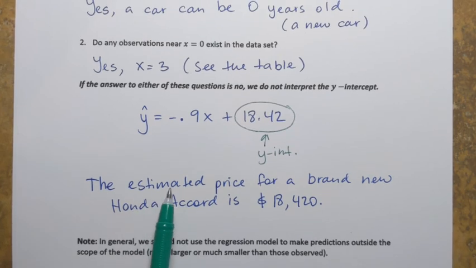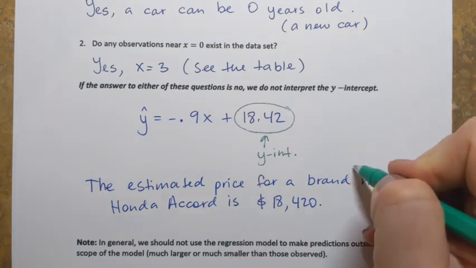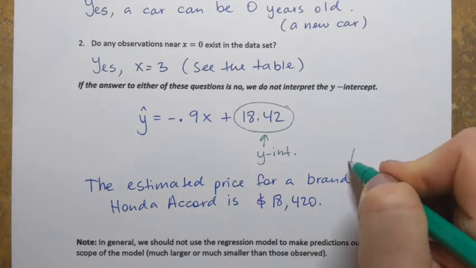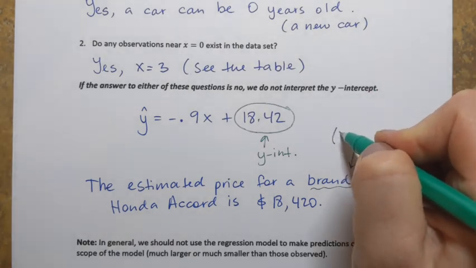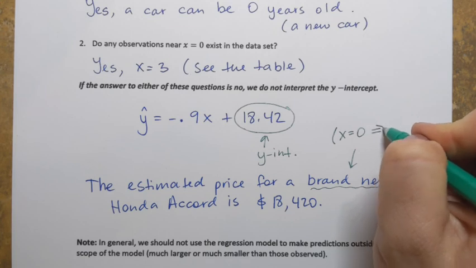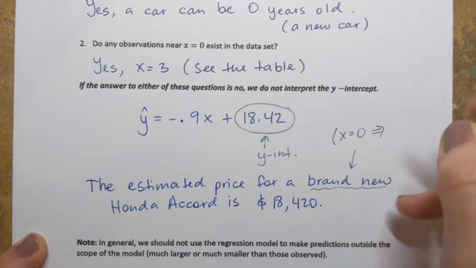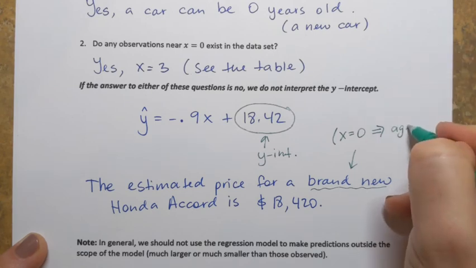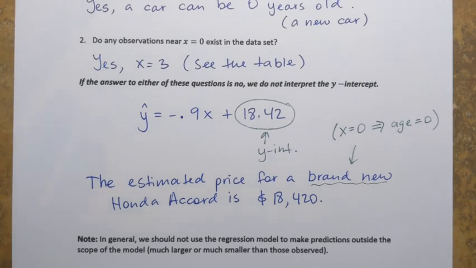Okay, so the estimated price for a brand new Honda Accord is $18,420. And I'll make a note here, brand new. Why we're saying brand new is because in the context of our example, that's what it means that x equals 0, which is age. Age equals 0. So that's how we interpret the y-intercept.